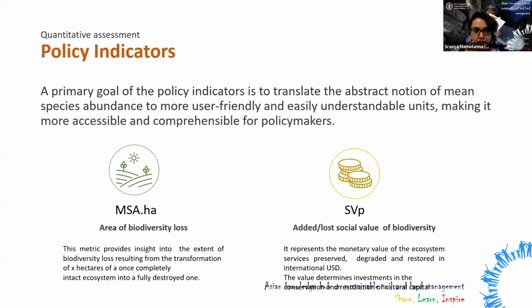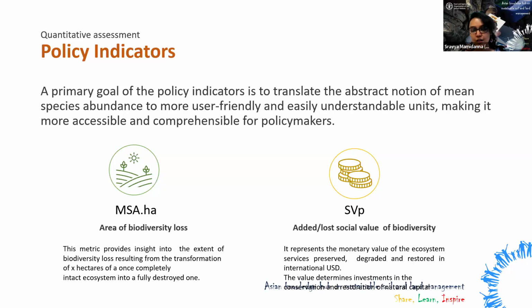Moving on, the tool also currently estimates two other quantitative indicators. The first one is the MSA per hectare, which basically quantifies the extent of biodiversity loss or gain resulting from the investment project or policy. What do I mean by this? Let's say the MSA per hectare is 500, right?